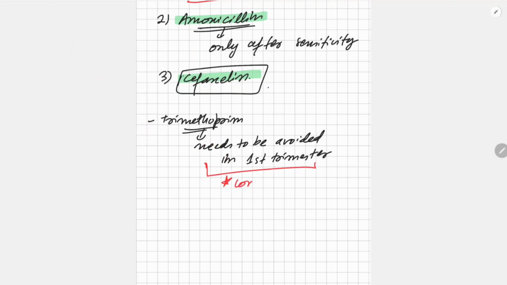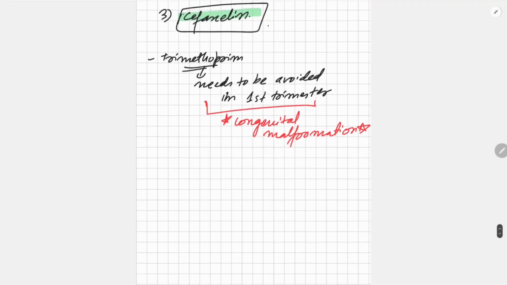Remember this thing, congenital malformation. Because this trimethoprim acts as a folate antagonist.